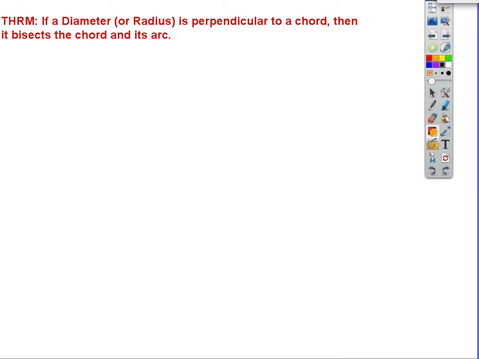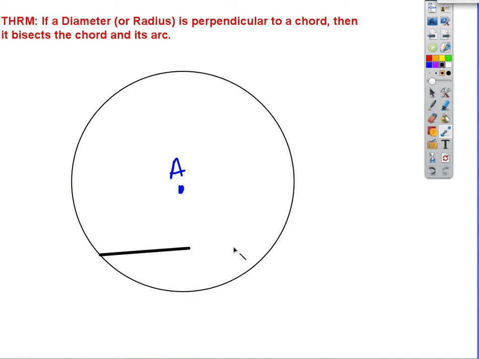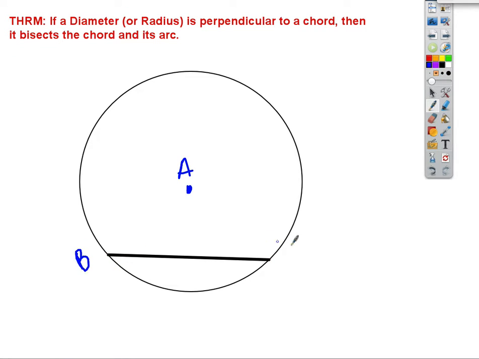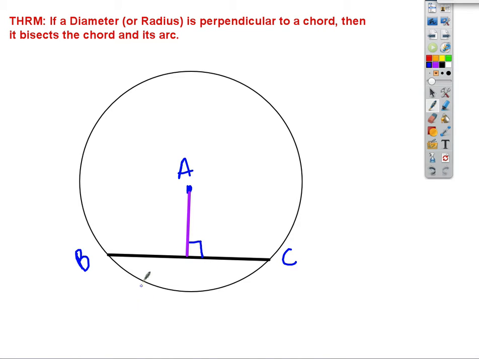Okay, so what that looks like: if I have a circle, called circle A, and if I have a chord, remember a chord is a segment that just connects two points on the circle, so I'll call that B and C. If I know that A is perpendicular to that chord, what then happens is that the two segments that are created would be congruent. You notice this also says that it bisects the arc. Well, let's say I extended down this line.